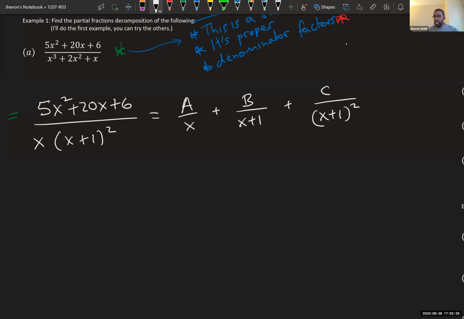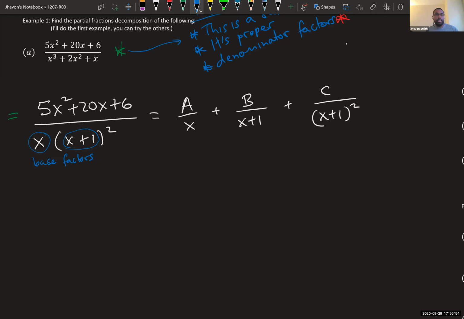Just some commentary here. Remember, each of the factors of the denominator, x is a factor in the denominator, and x plus 1 is a factor. These are the base factors. You're going to break into smaller fractions based on these factors. The numerators must be exactly 1 degree less than the highest power of these base factors.